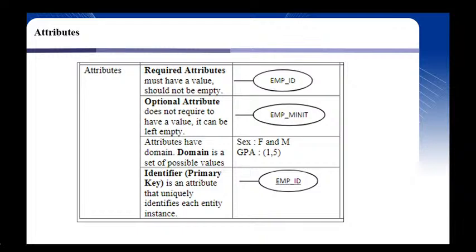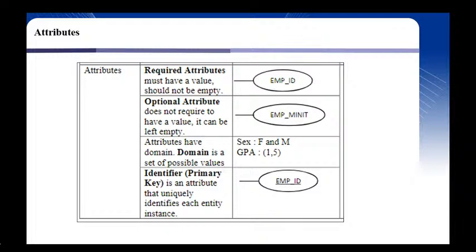We also have the optional attribute. If we say optional, it means that it could be left empty. It can have an empty value for three reasons. Number one, it is unavailable, just like a middle initial, because there are people who do not have middle initials themselves.